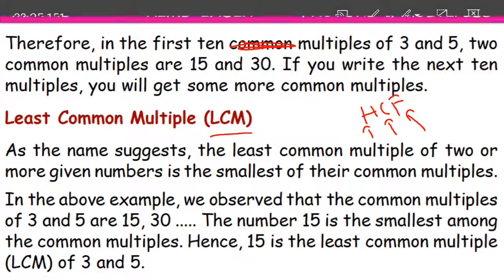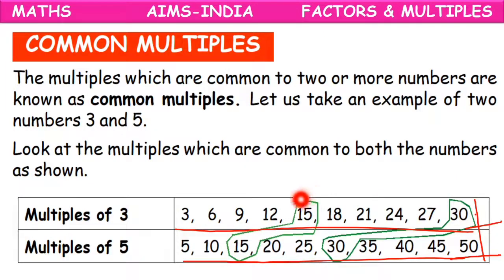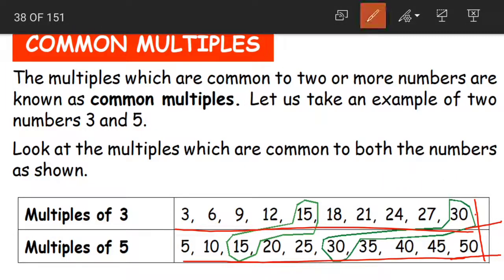Why the least? See, we are having two common multiples here, 15 and 30. From this I can easily say that 15 is our least common multiple. That means it is the lowest or the smallest of all the common multiples of 3 and 5.